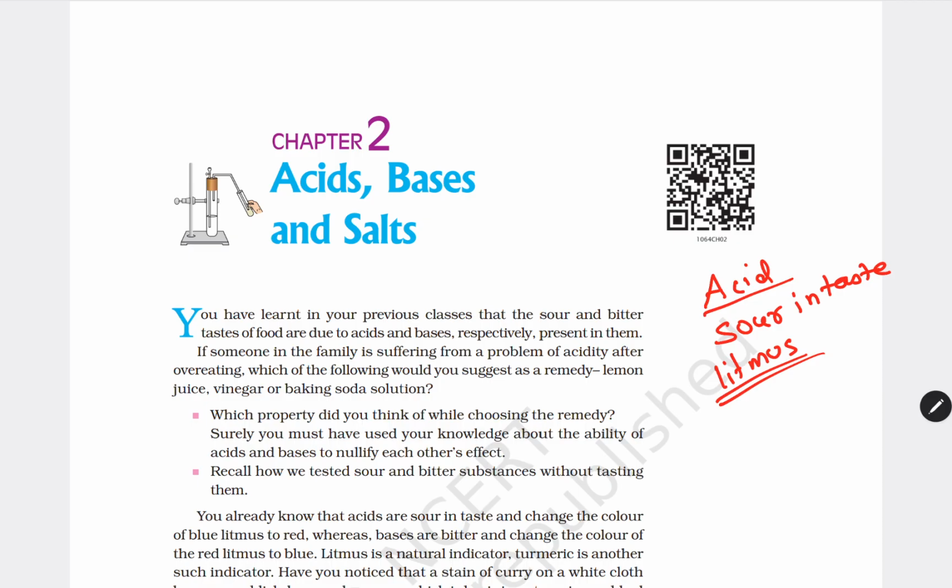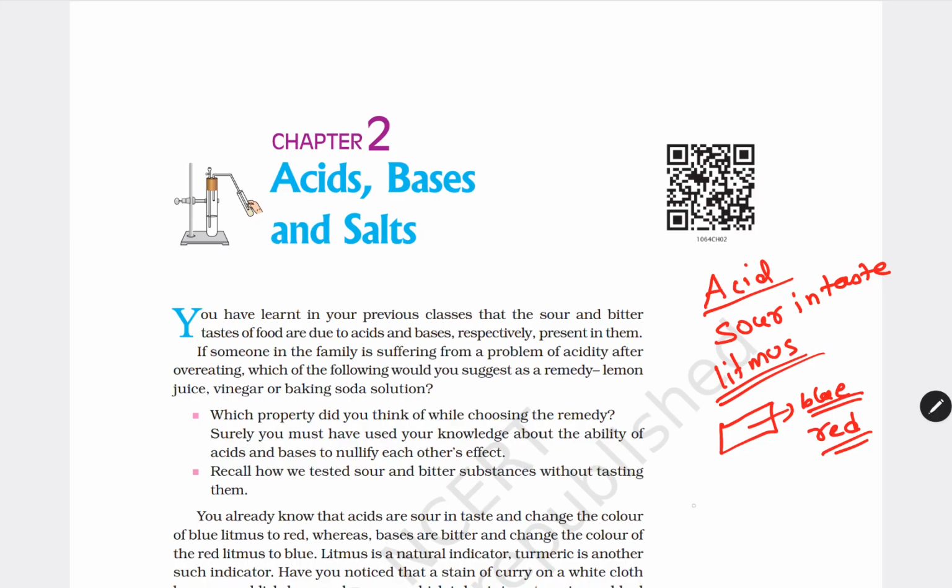To do the litmus test, if you keep an acid on the litmus paper, which is originally blue in color, it will turn red if it is an acid.